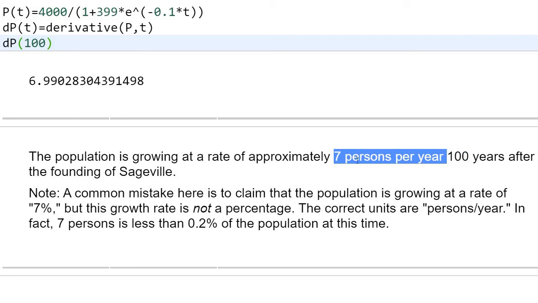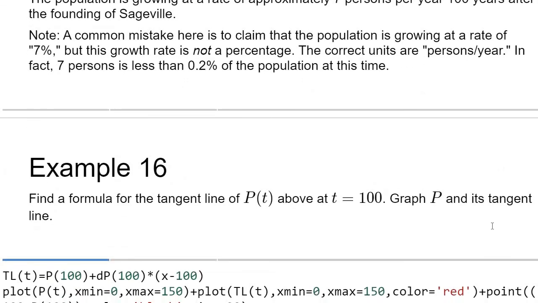The units of the derivative are the units of the function, the y values, per the units of the input, the t value here. So it's persons per year. This is not 7%. The 7 persons is actually 0.2% of the population at the time. So make sure you get your units right. Don't insert percentages where they don't belong.